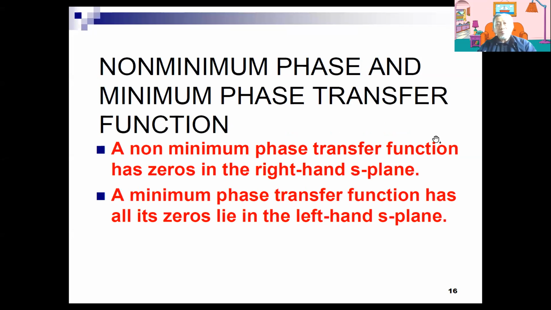So this is non-minimum phase and minimum phase from transfer functions. A non-minimum phase function has zeros in the right-hand side of the S-plane. So this is the S-plane. The S-plane and Z-plane are different. The S-plane is continuous time, the Z-plane is discrete time. What is the difference?